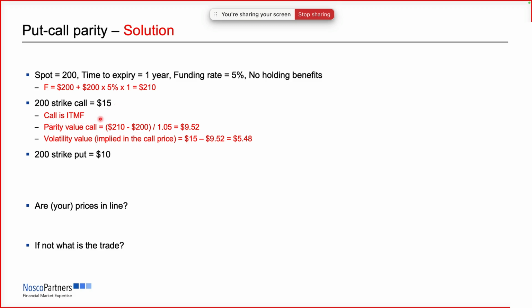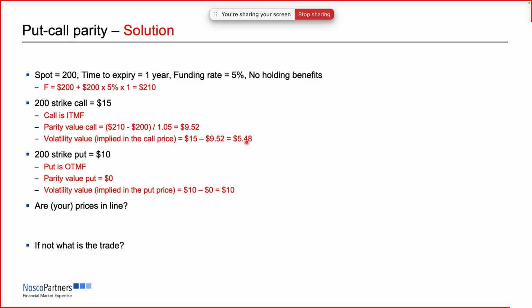The call is in the money, that's why it has volatility value and parity value. The parity value is the parity to the forward, discounted. That's about 9.50. And therefore the volatility value is the value of the call, the 15, minus that parity value, which is 5.48. So that is the volatility value of the call.